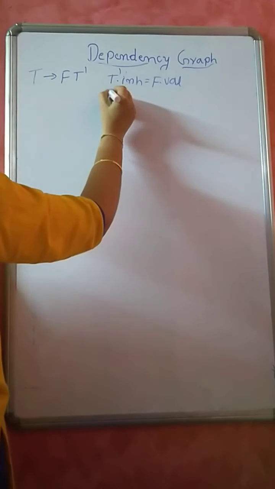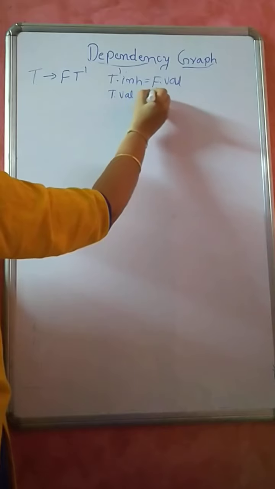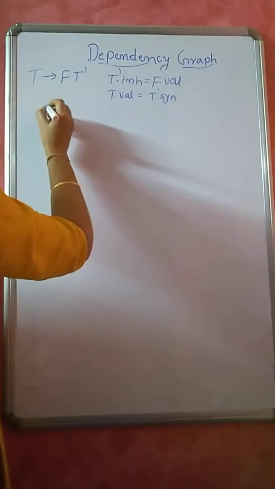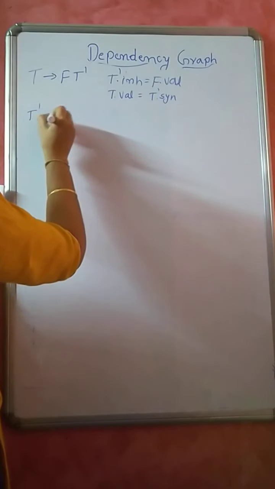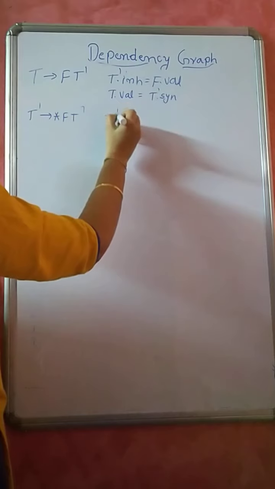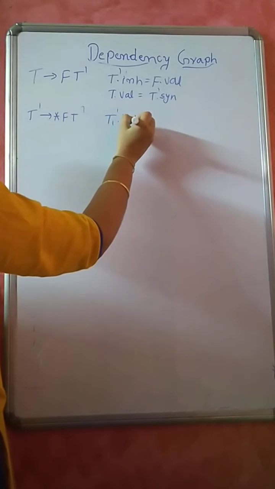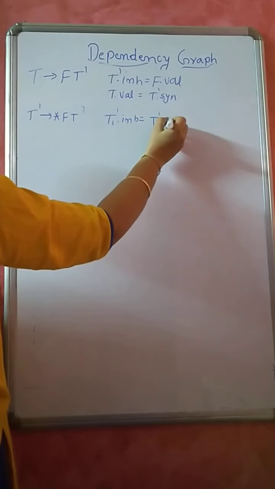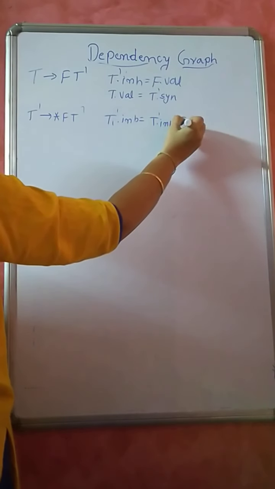And T dot value is equal to T dash synthesized value. Then T dash determines star F T1 dash. So it is T1 dash inherited is equal to T dash inherited star F dot value.